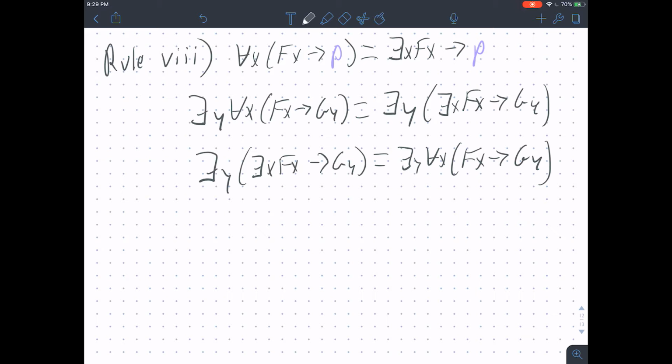And how we use these rules is if we're converting to prenex form, we always use the equivalencies from left to right. Or if we're purifying schemata, just stop mixing those up. If we are purifying schemata, we always use the equivalencies in the direction that I've presented them here. So, like this.